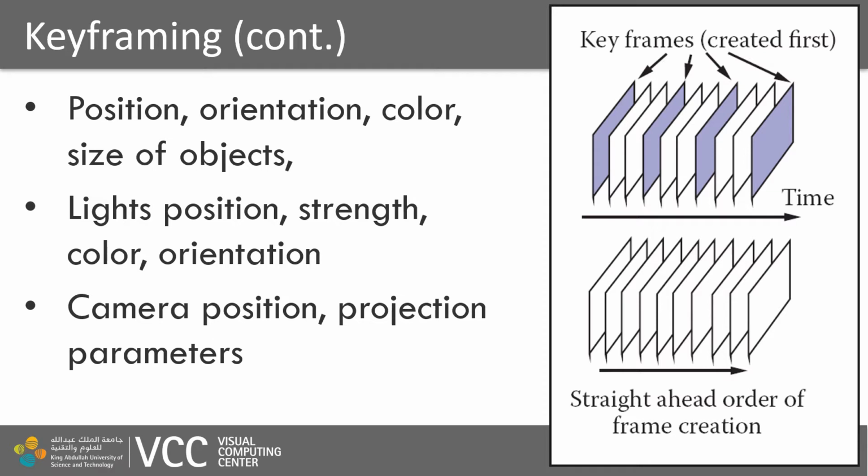The keyframing should affect the position as we explained on the previous slide, but not only the position, for example also orientation, rotation, and other properties. For example, a color or size of objects, or even not only the geometry but also the scene properties such as light, the illumination, which can also change its position over time. Maybe think of a sun traversing the scene, or the dome around the scene, its strength, color, and orientation.